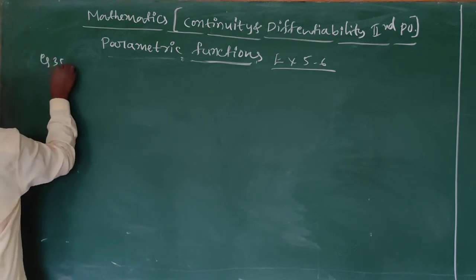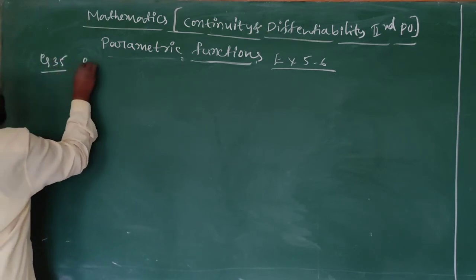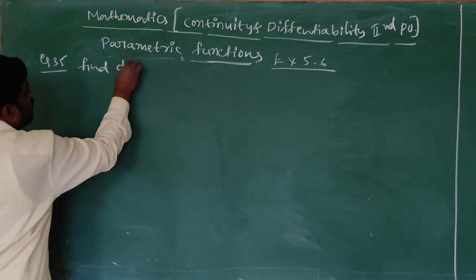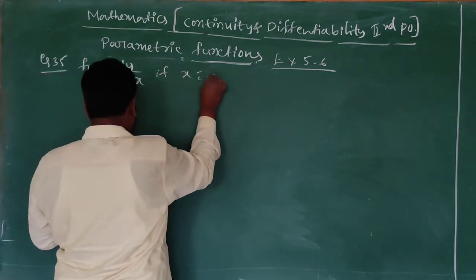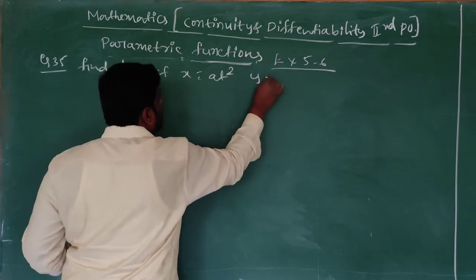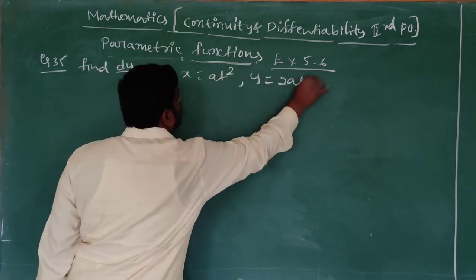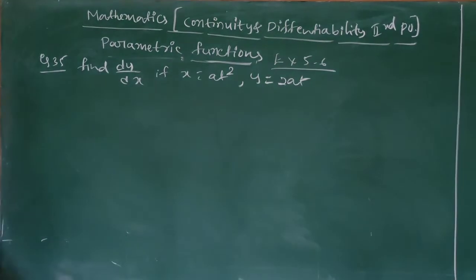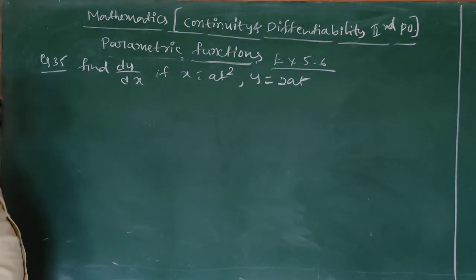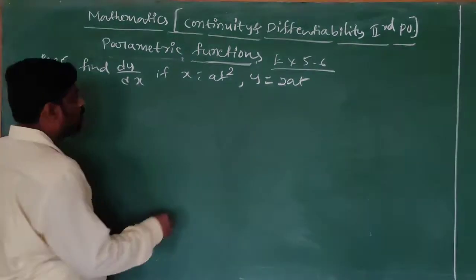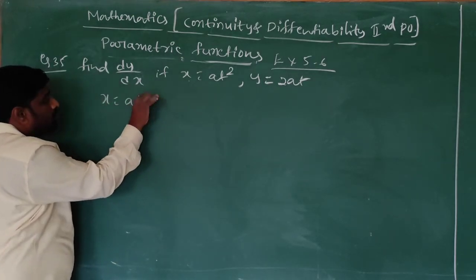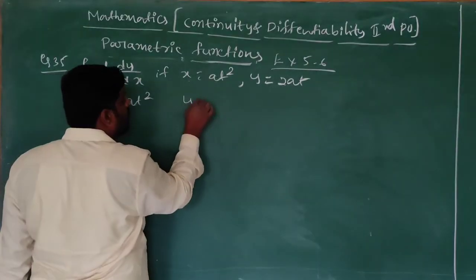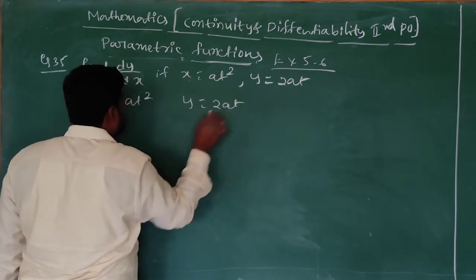Example 35. Find dy by dx if x is equal to at square, y is equal to 2at. Separately we have to take x is equal to at square, y is equal to 2at.